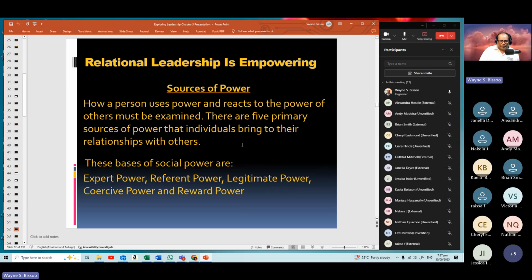All right. Now, sources of power. This is how people in organizations arrive in positions of power. There are five primary sources, and as I said before, another group is going to deal with this. Expert power, referent power, legitimate power, coercive power, and reward power. Expert power comes from somebody being an expert.